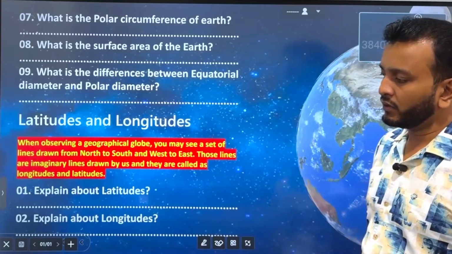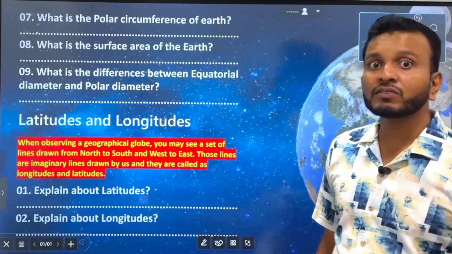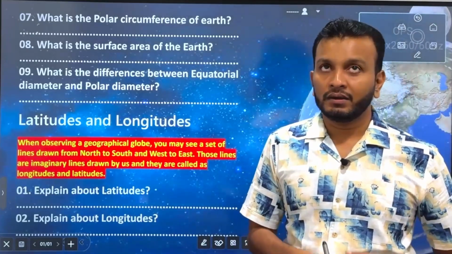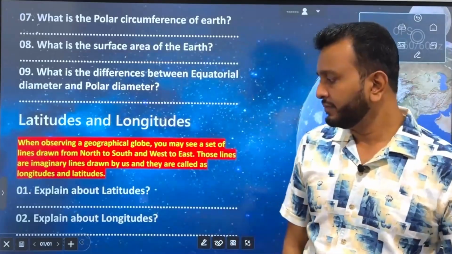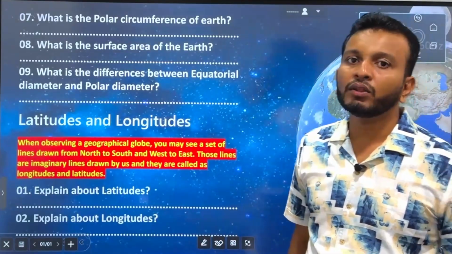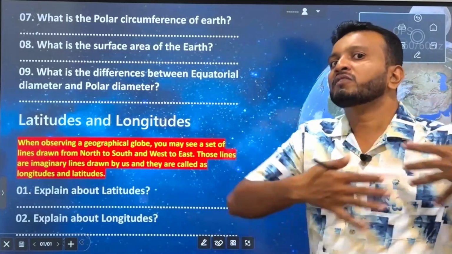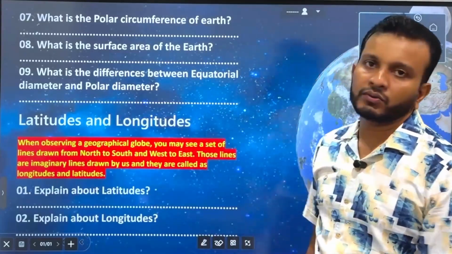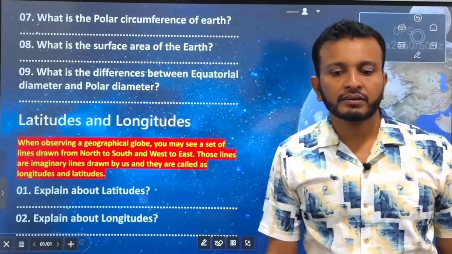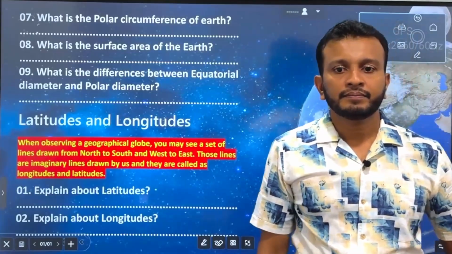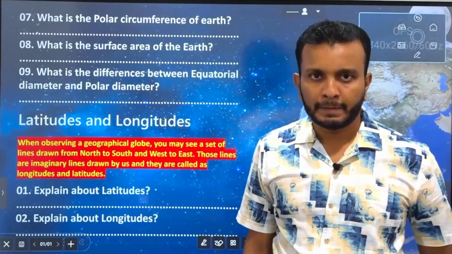Then explain about the longitudes. Longitudes are the imaginary lines drawn vertically on the globe. Vertical lines are longitudes, horizontal lines are latitudes. Very easy. Okay, did you write? Finish.